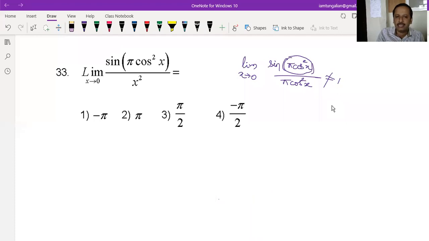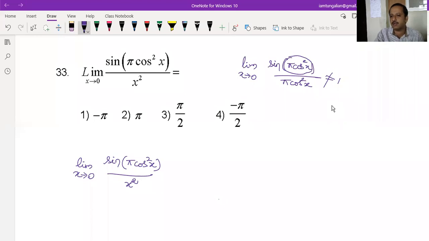So what else can we do? We can use L'Hospital's rule, because you observe we have sine of pi cos square x divided by x square. When I apply the limit as x tends to 0, as x approaches 0, cos x will tend to 1 because cos 0 is 1.